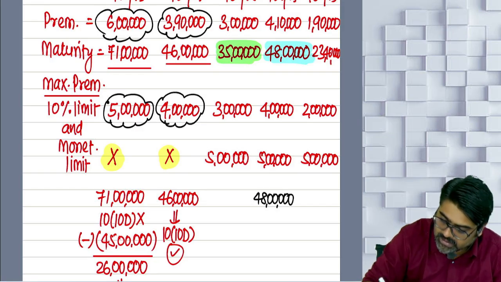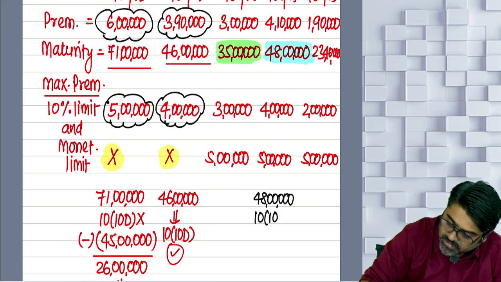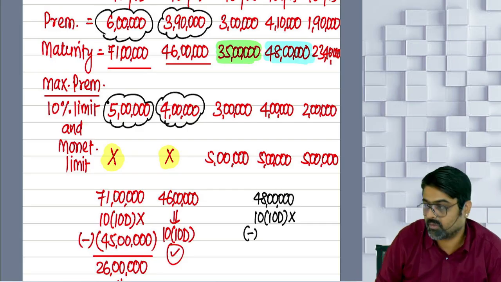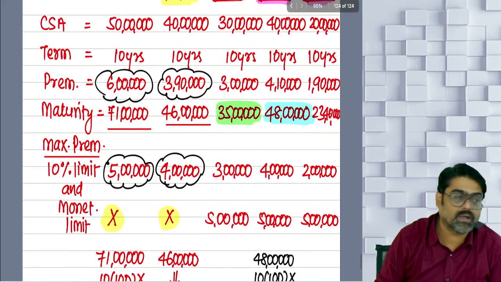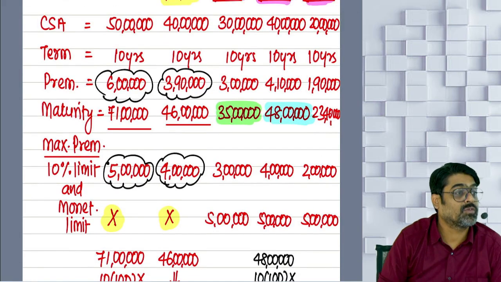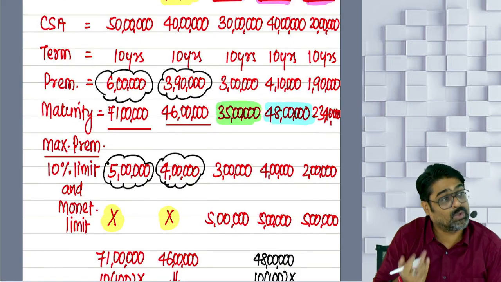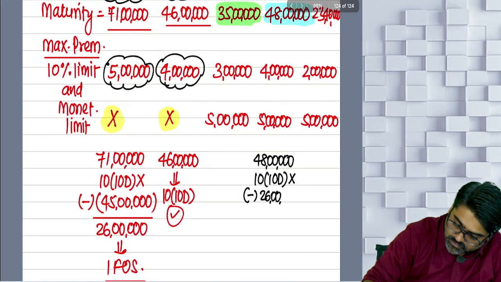Out of that 48 lakhs, I will reduce the premiums paid which were not allowed. For example, every year I was claiming 1,50,000, so 2,60,000 was not allowed. 2,60,000 into 10 is 26 lakh, which you reduce.